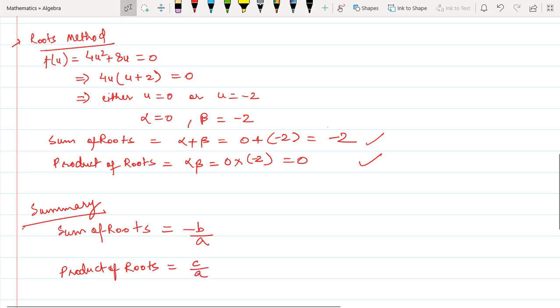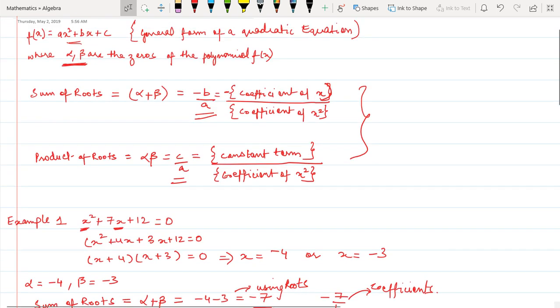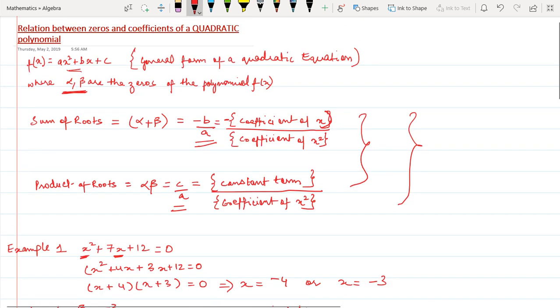And what is b by a and c by a? You can refer to this part. So this is the agenda of this video, to help you understand. And always remember, this formula is true for a quadratic equation. Okay, this is true for a quadratic equation or a quadratic polynomial.